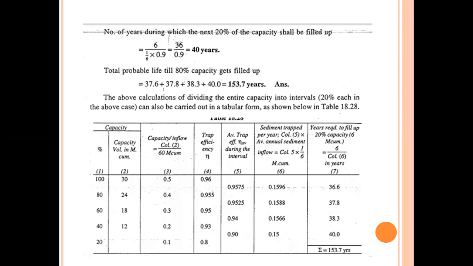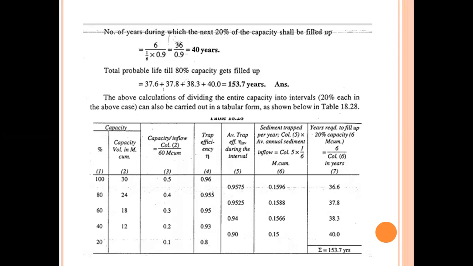Next, column 6 by column 6. That means we are calculating for 20% reduction. So 20% is assumed to be filled up with sediment. So in 30, what is the 80% value? 24. 30 minus 24, 6. 6 by column 6. So 6 by 0.1596.